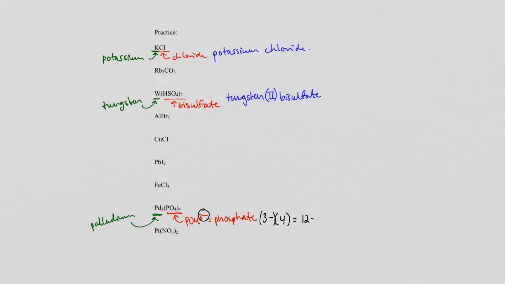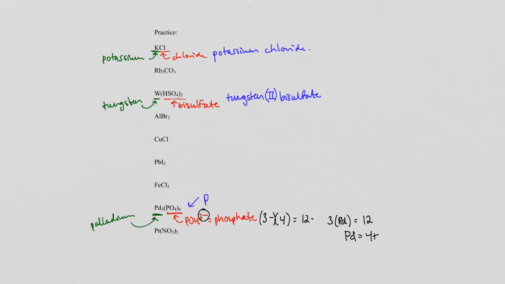If we have 3 palladiums and we need to get to 12 plus, right? So we have 3 times palladium equals 12. Divide both sides by 3. Palladium equals a 4 plus palladium, which is totally possible.